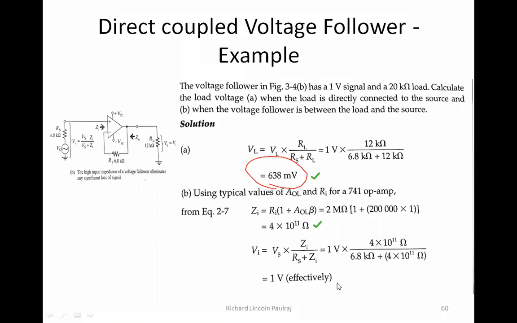So we get 0.9999. So when we approximate it, it should be 1 volt.